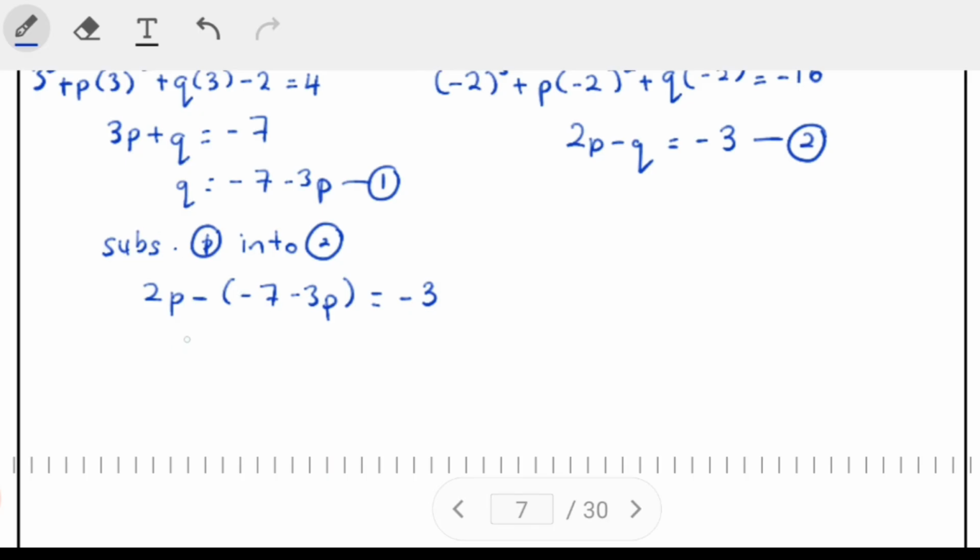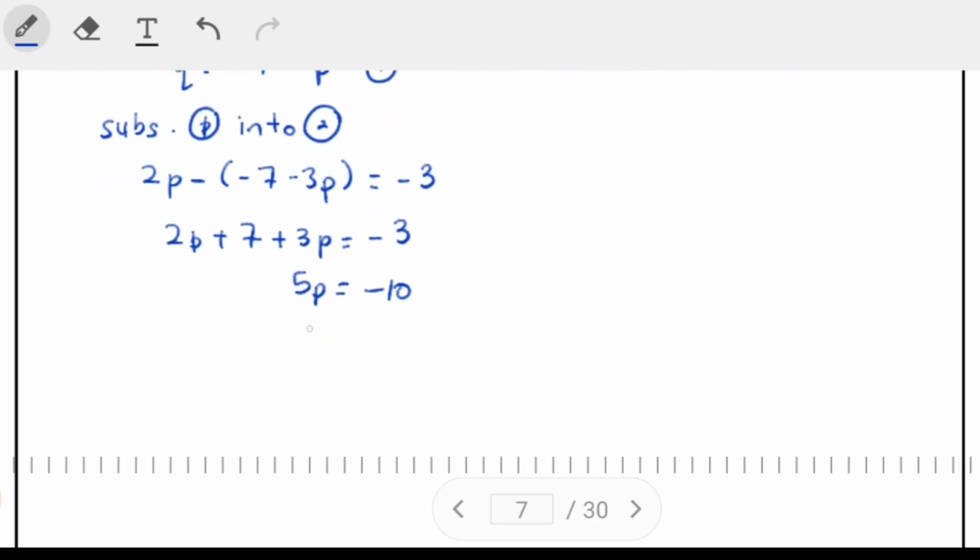Expand: 2p plus 7 plus 3p equals negative 3. 5p equals negative 10, so p equals negative 2.